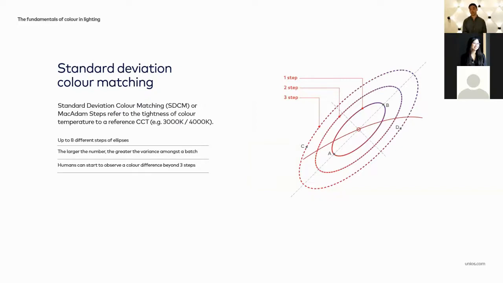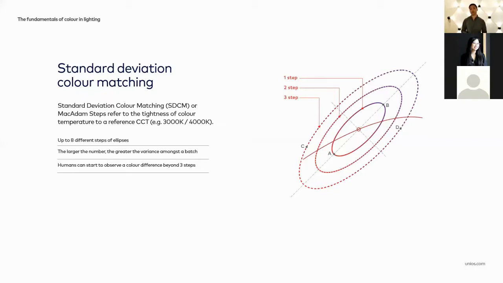So color consistency. We know it in the lighting industry as SDCM, or standard deviation color matching, or McAdams steps. And it's quite an easy guide. It's from 1 step all the way to 8 steps. The larger the step, the bigger the variance amongst a single batch of production of LEDs.